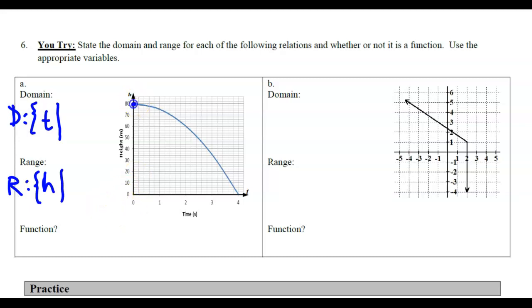If you take a look at the leftmost point, it has a time value of 0, and the rightmost point has a time value of 4. So between 0 and 4, and then from the bottom up, that's between 0 and 80. And that's h.